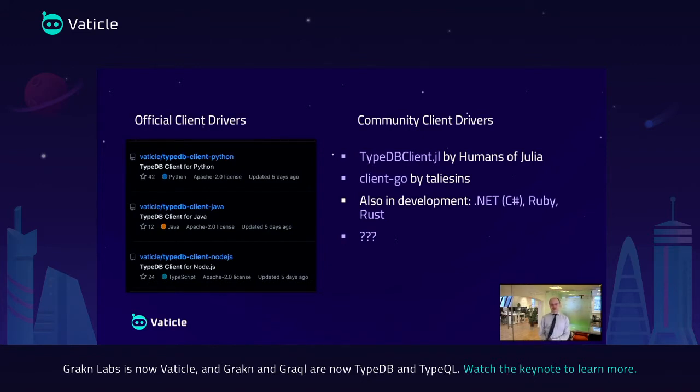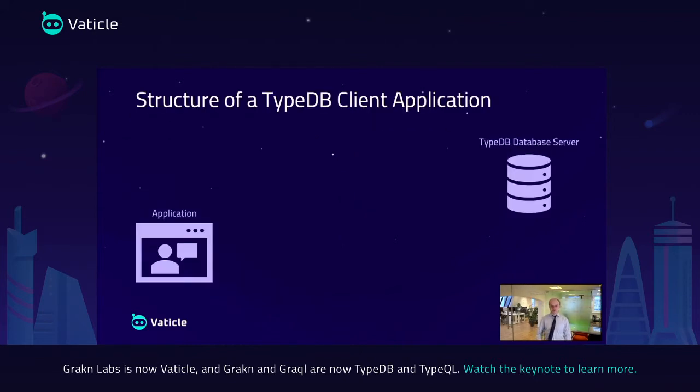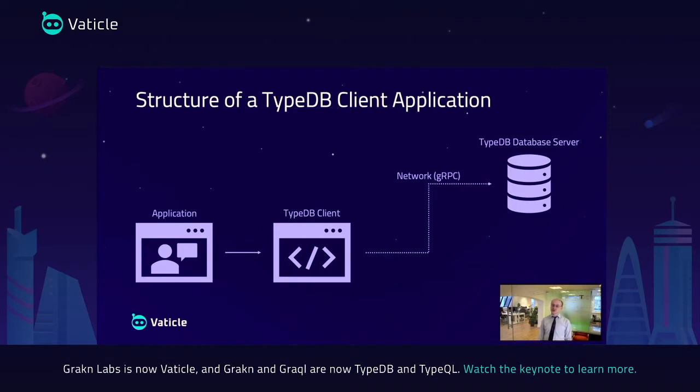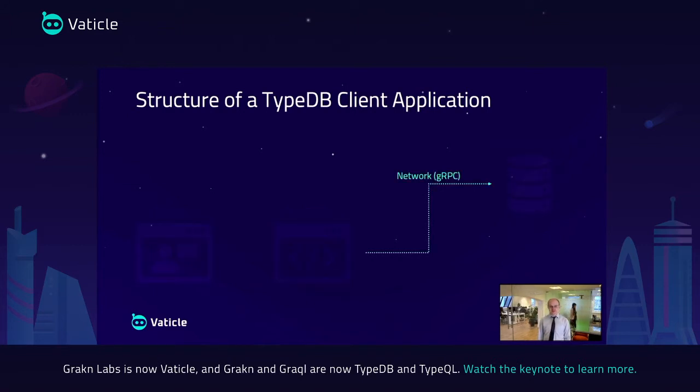So let's move on to the overall structure of an application using TypeDB. Let's say you have a database server and you want to query it in your application. To interface with it, you're going to need a TypeDB client driver which communicates to the server over Grpc.